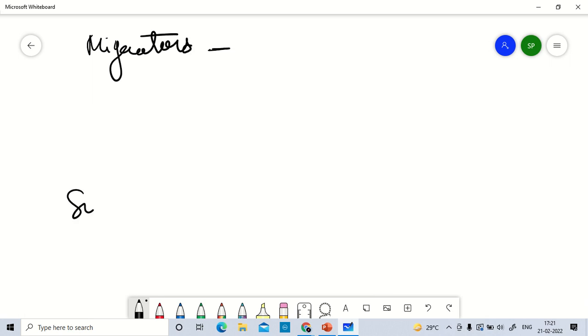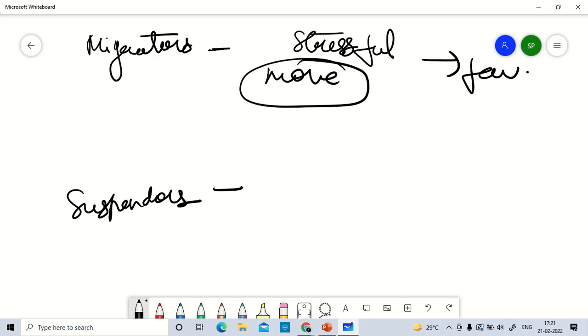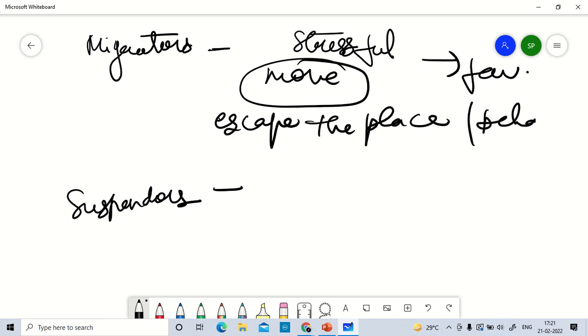So in migrators, remember, they move away temporarily from the stressful place to a favorable condition. They escape the place, and this is behavioral.